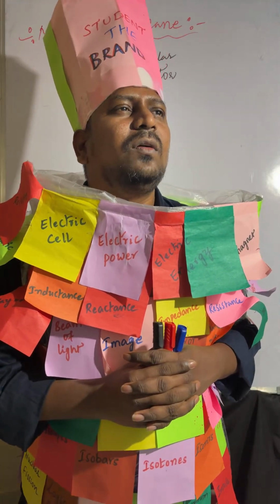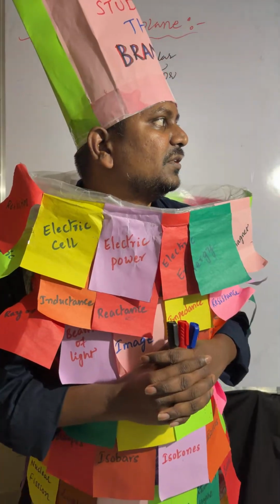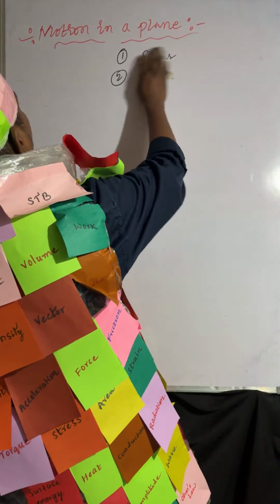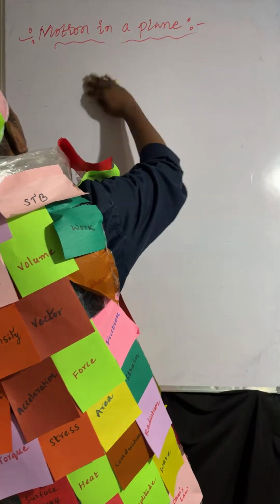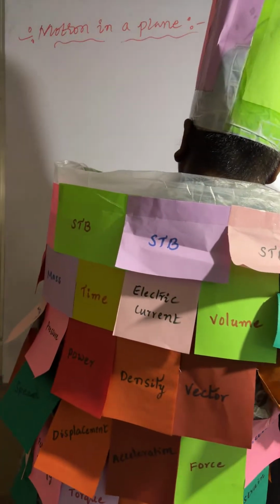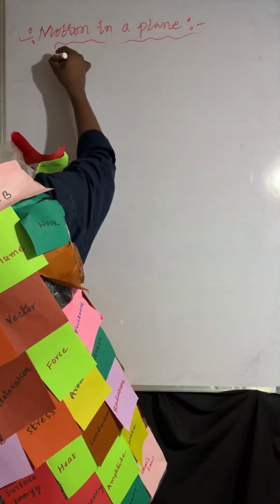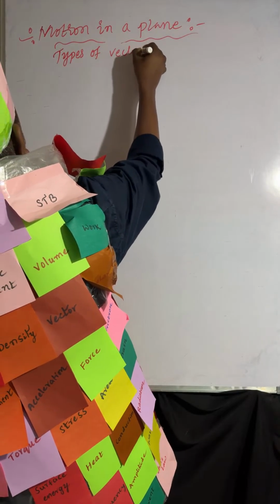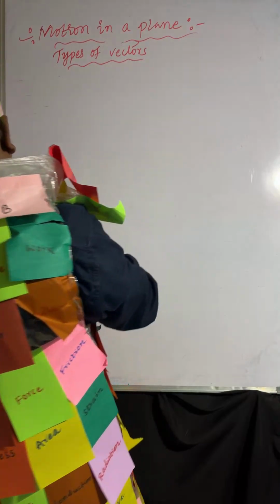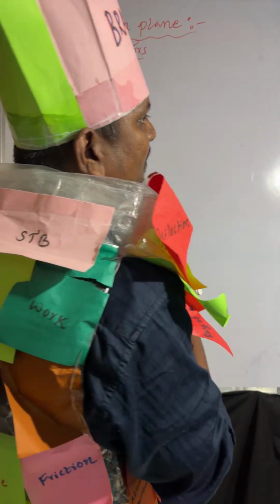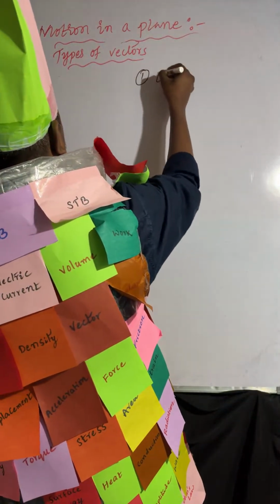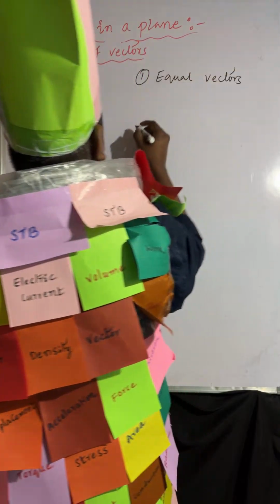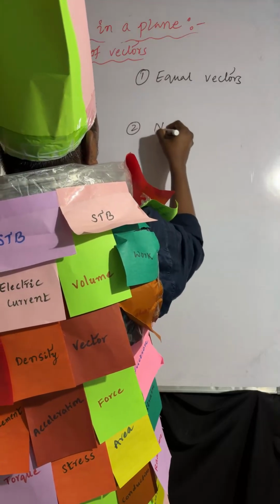Now, types of vectors. We have to discuss types of vectors. The first one is equal vectors. The second one is negative vectors.